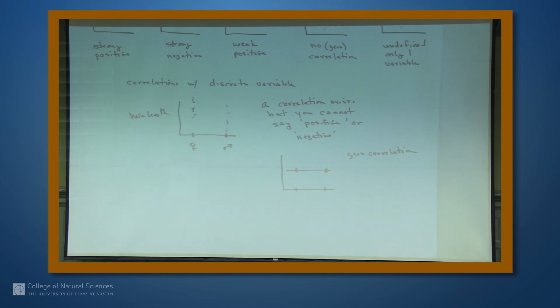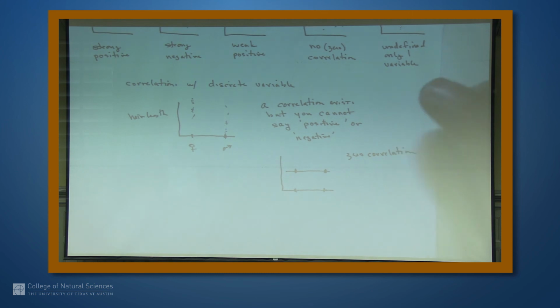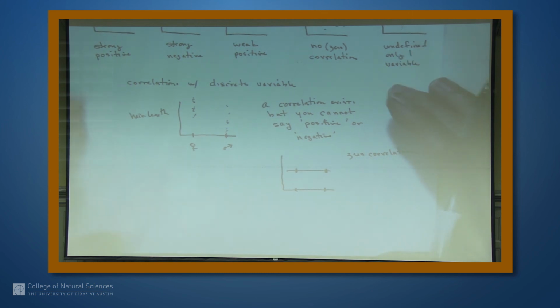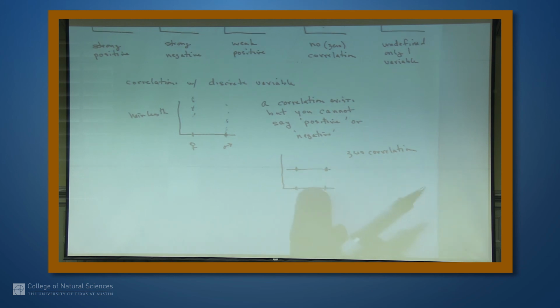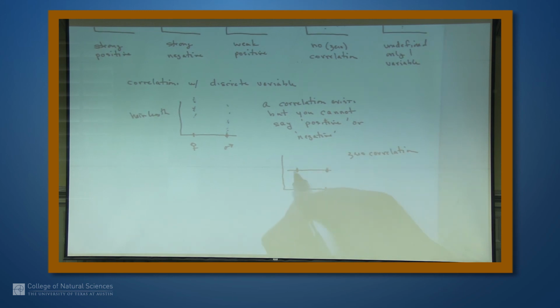So you can have correlations when they're categorical or discrete characters. In some cases there can be a sign, in other cases there can't. I don't know how much we're going to worry about that, but I do want you to realize that you can have correlations in this case, and if you were to draw a line through the 2 points, there are no actual data points in between here, but if you were to draw a line from this point to that point, if the slope is flat, we say it's no correlation or zero correlation.